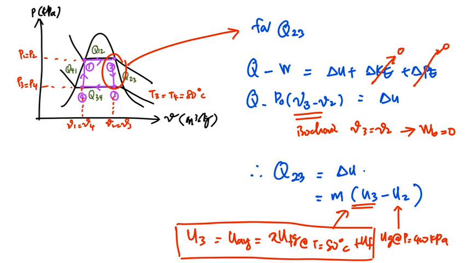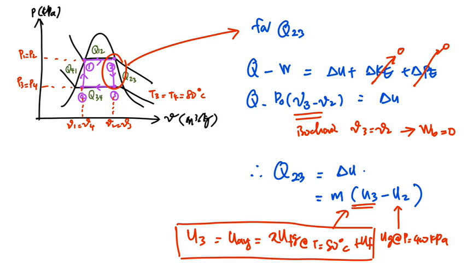The remaining formula will be Q23 equal to delta U. Expanding this, delta U equals M, the mass of water, multiplied by U3 minus U2, where U3 is the average internal energy of the water at 80 degrees C.